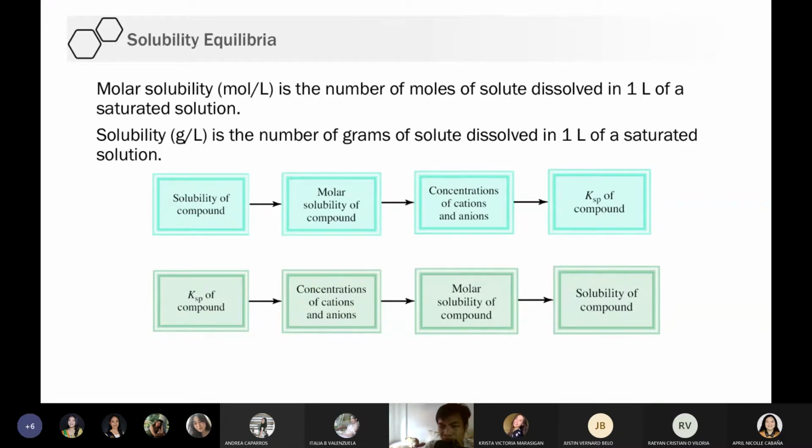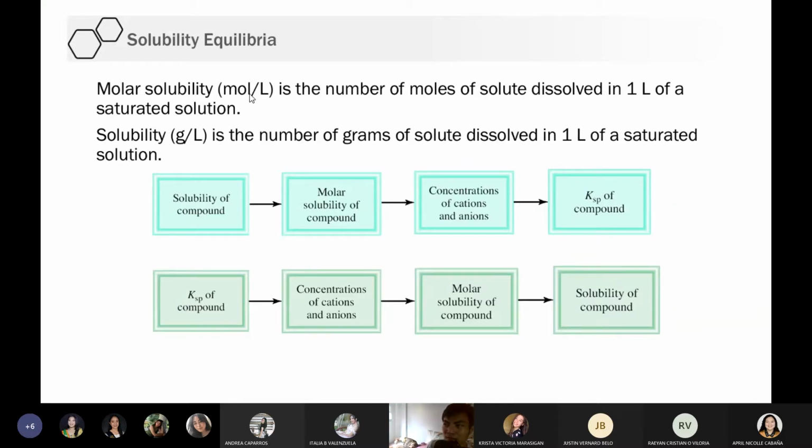So molar solubility has units of molarity. Sinasabi niya, gaano kaonte yung na-release? Yun yung molarity nun. Molar solubility, tawag doon.